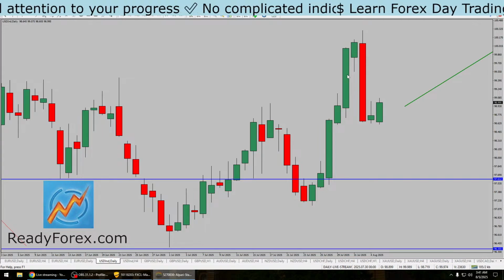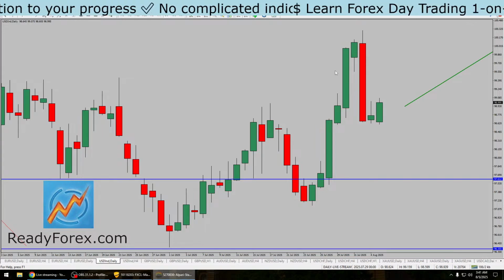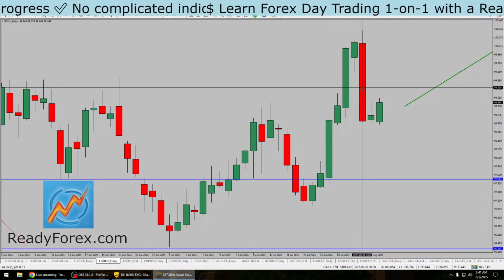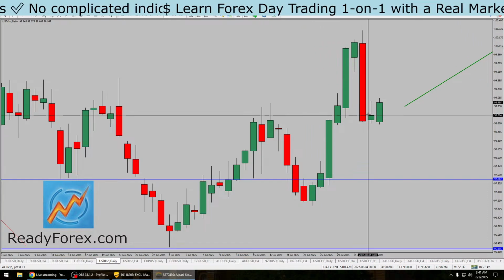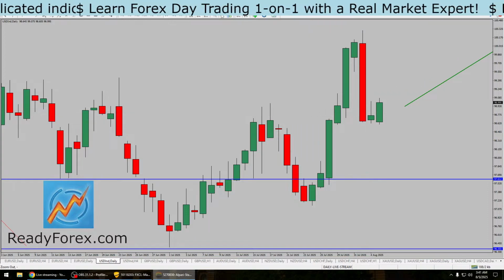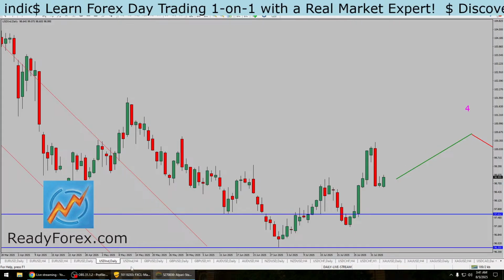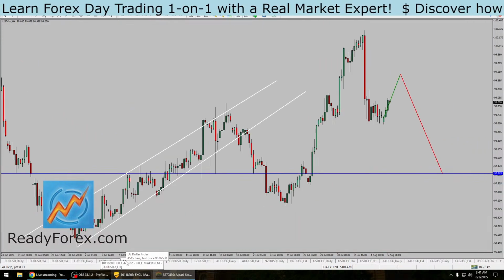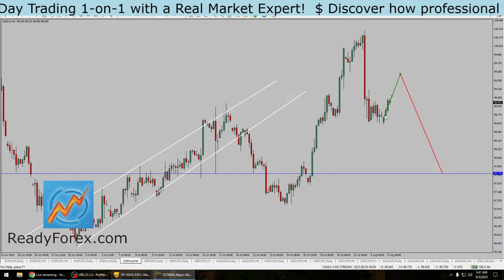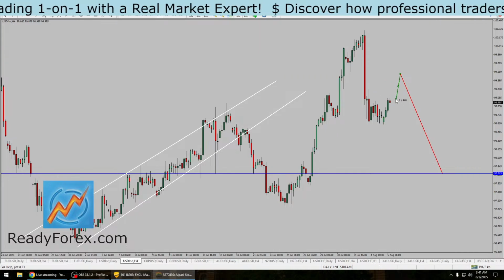Now sometimes the market just shows you a candlestick pattern and then completely reverses and takes out the stop losses of traders. That's also possible. So some sort of a pullback is what I'm looking for in the US dollar index, at least on a short-term basis.